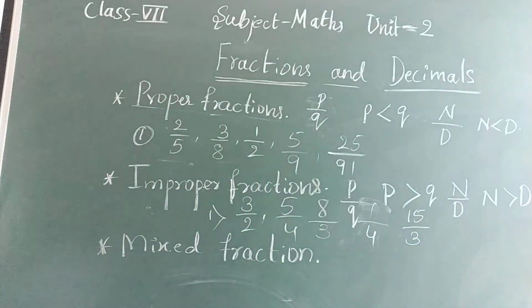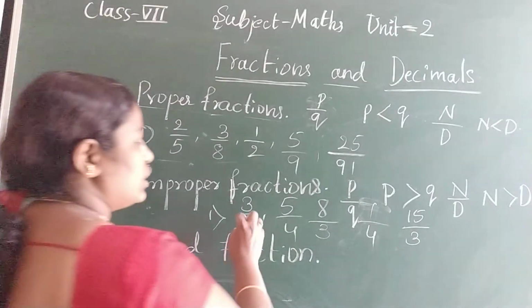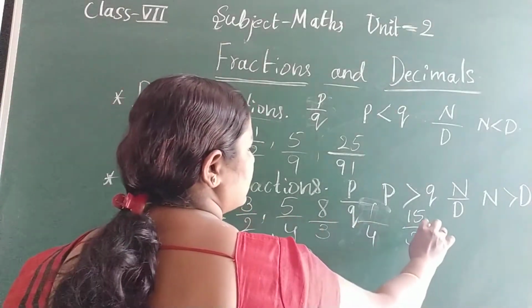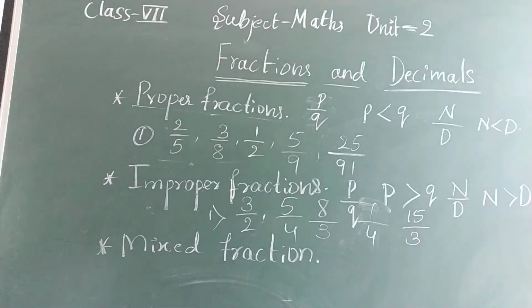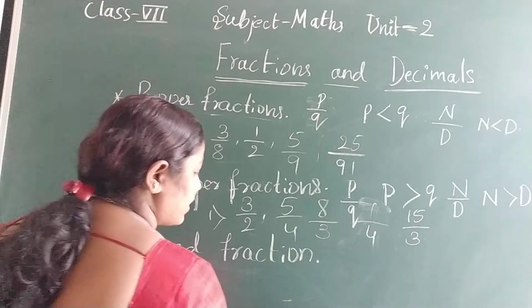These are the improper fractions, where the numerators are greater than the denominators. Then mixed fraction.